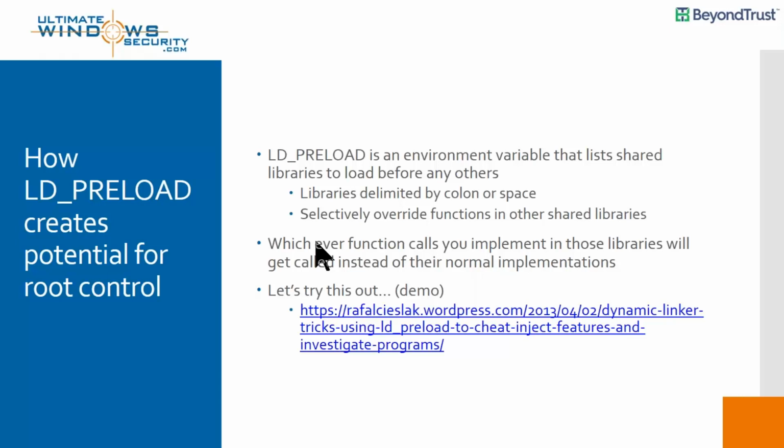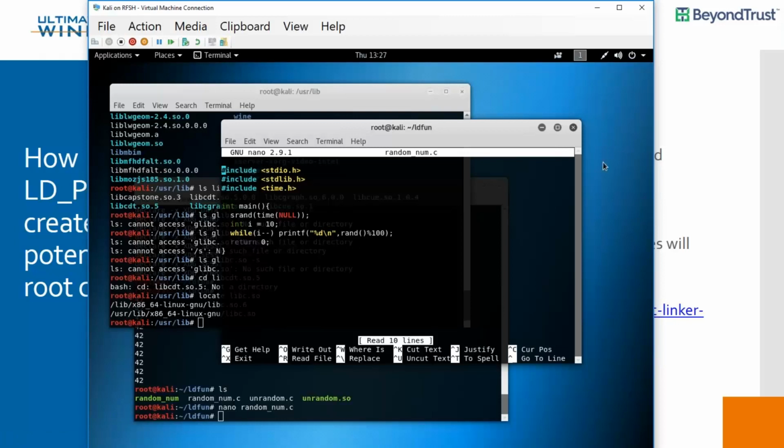Now, I'm going to show you a little demo, and I got this from a really cool guy, Rafal, who wrote it, and it is so short but compelling. So let me take you over there. All right, so here's my Kali Linux box, and Rafal wrote this little program.